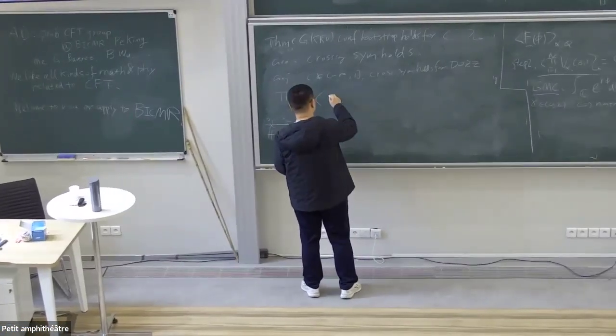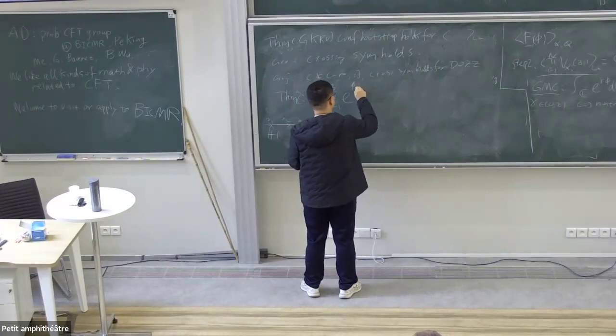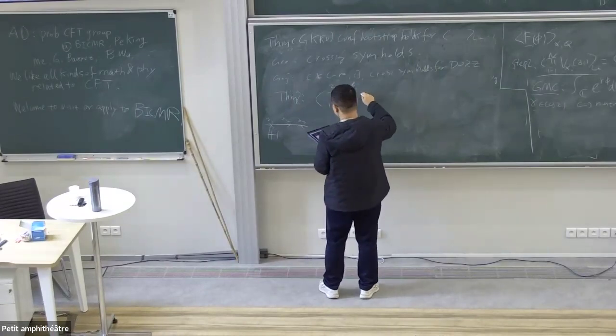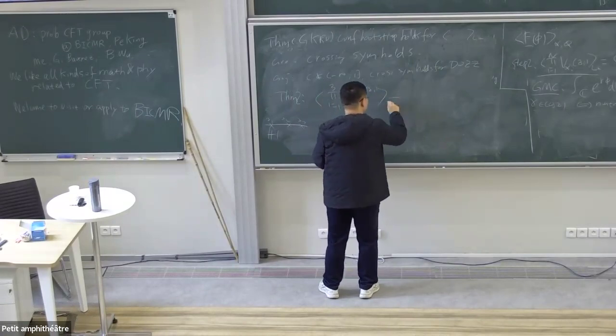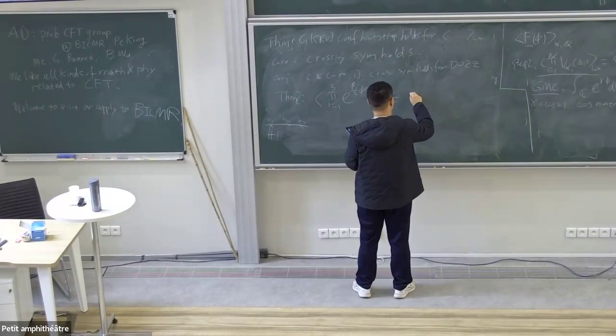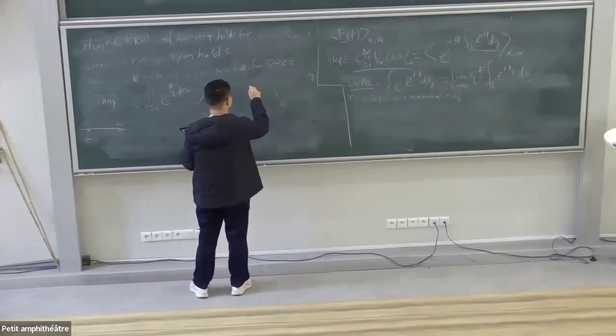And the second theorem is that these boundary correlation functions are given by these secret symbols.